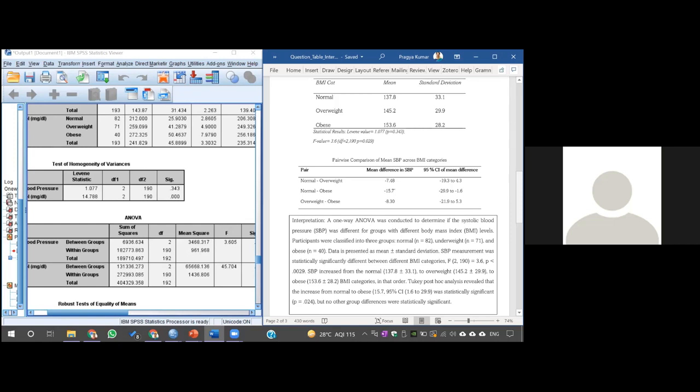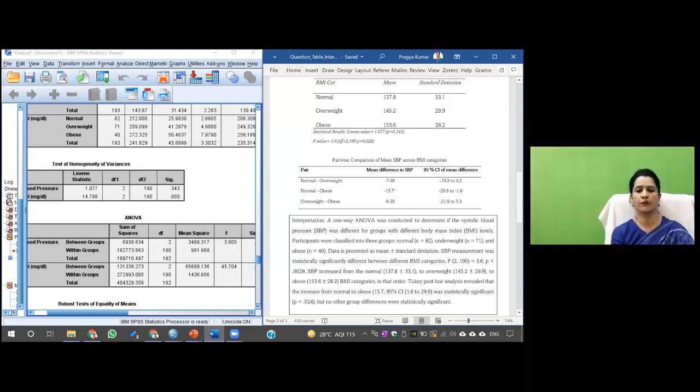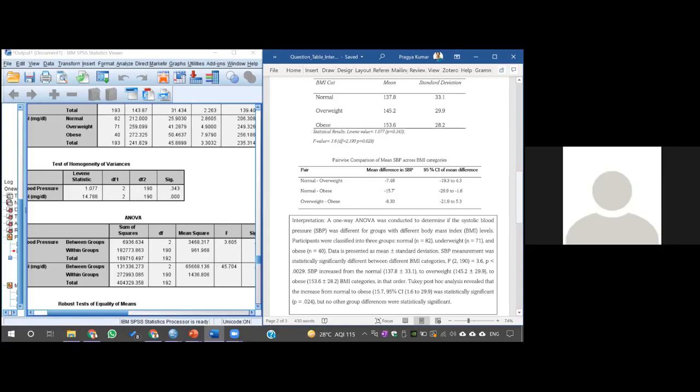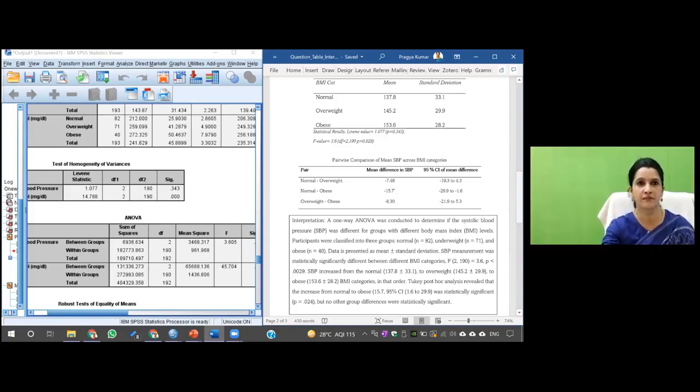Are we going to report only the ones which are significant? No. We have reported all the 3 pairs. Is there any possibility? 6 pairs. There were only 3 pairs. Normal. What other possibility of pair can you think in this case? Like obese, overweight. Okay, overweight, obese. That is there? Yes, ma'am. Okay, that's why.